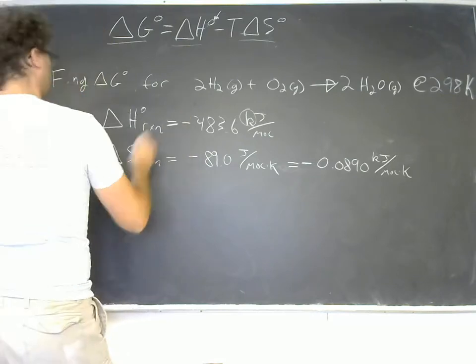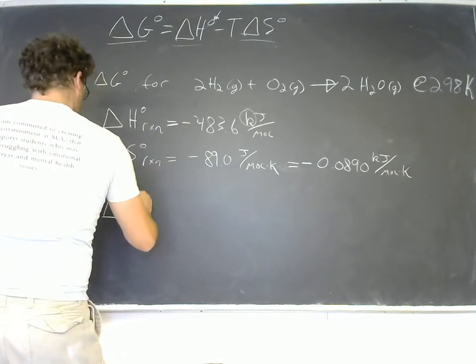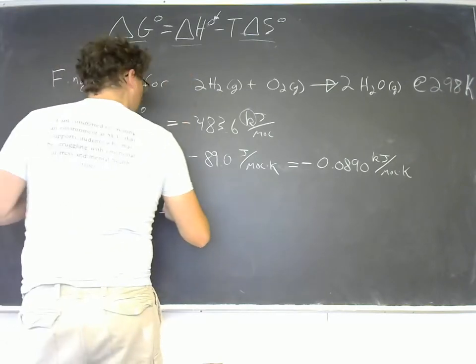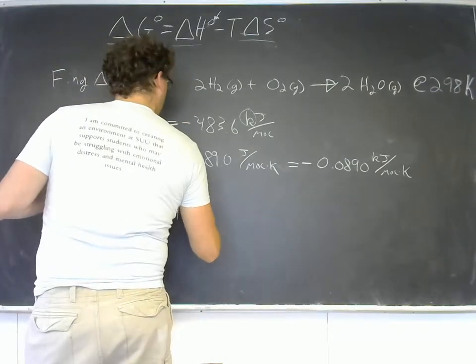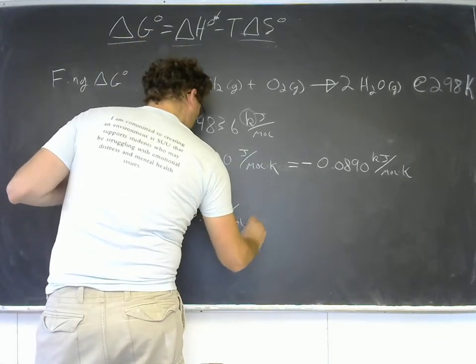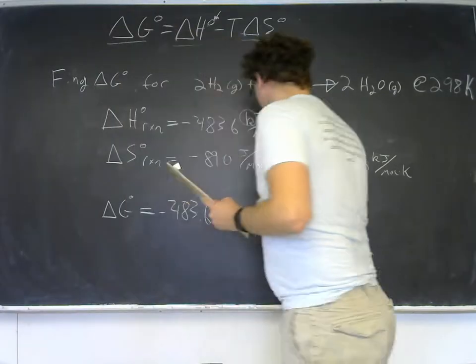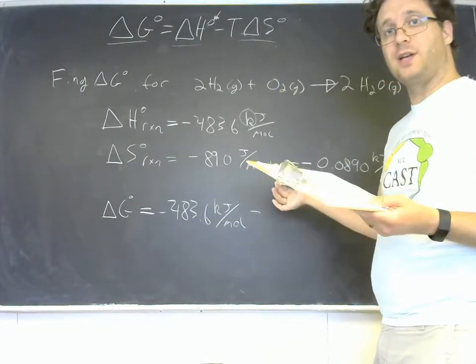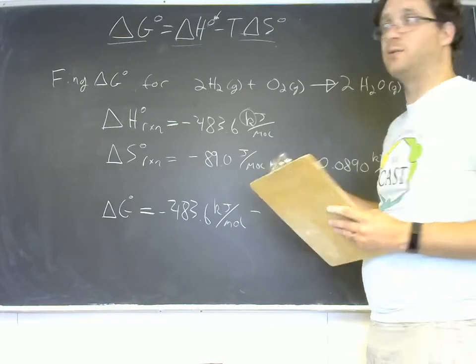And I can say delta G naught is equal to delta H naught, that's negative 483.6 kilojoules per mole, minus the temperature, which must be in Kelvin. If you're given degrees Celsius, this is one of the times that you must convert it.